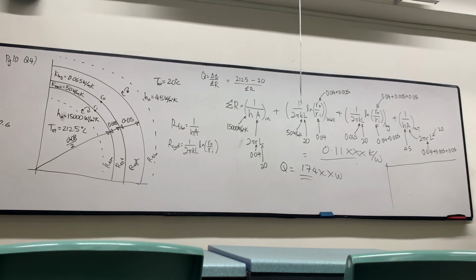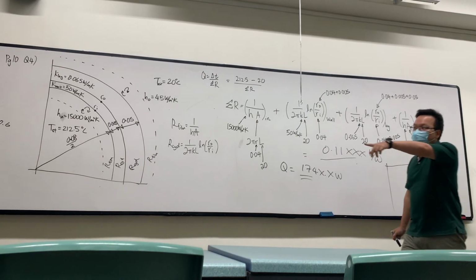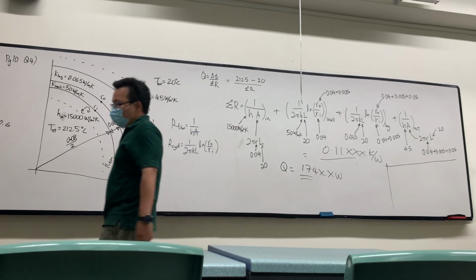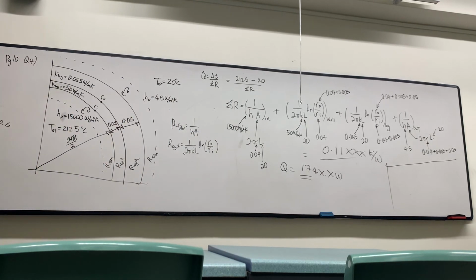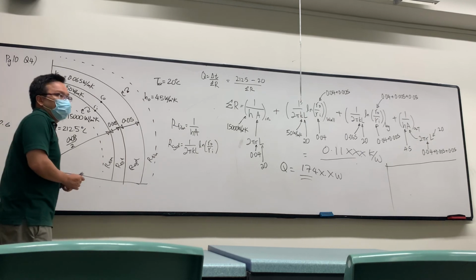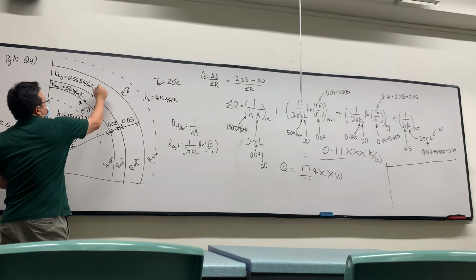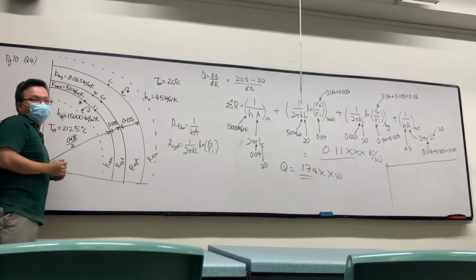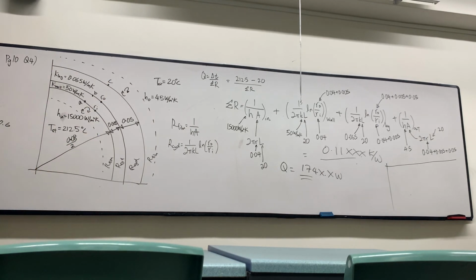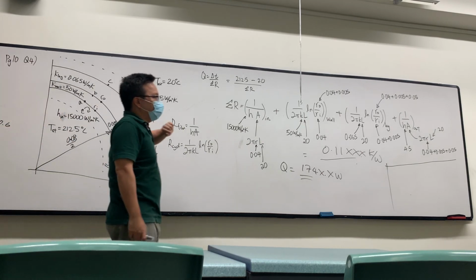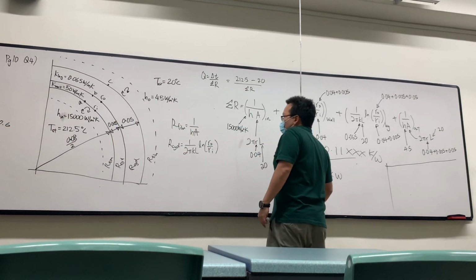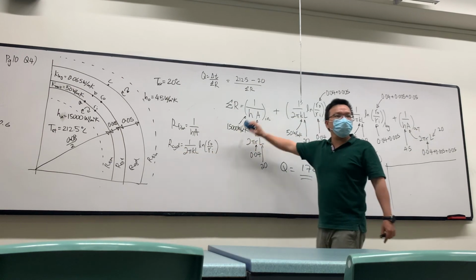Okay, so part B, listen, what did part B ask for? Surface temperature of lagging. Surface temperature is where? English must know. A, B or C? C. C, good.